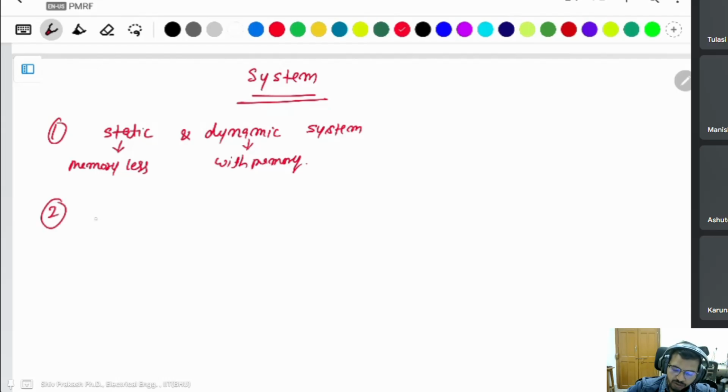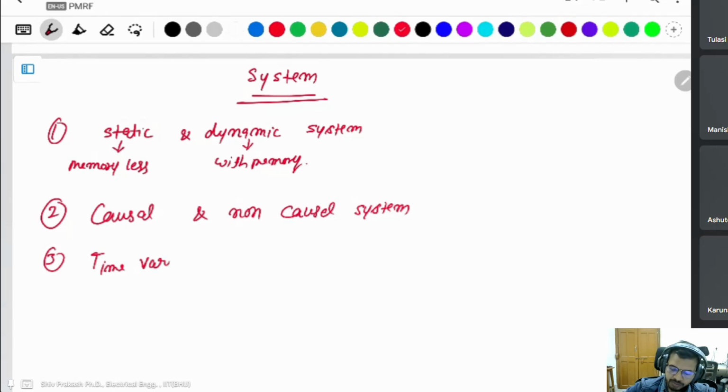Second one, causal and non-causal system. Third one, time variant and time invariant system.